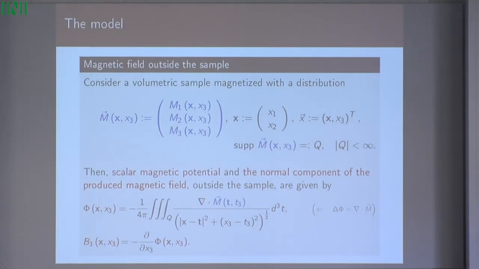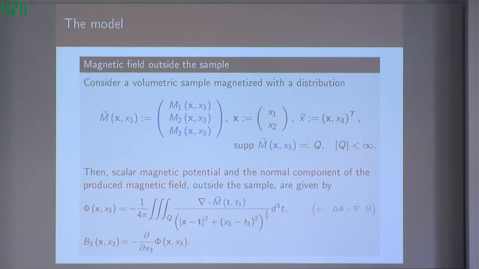Mathematically, here's how it looks. We have this magnetization distribution M. It has compact support; the sample is finite. It produces a magnetic field, and this magnetic field can be described by a scalar potential phi.